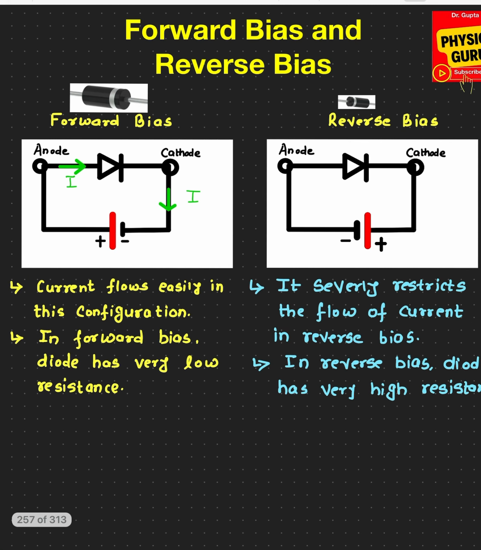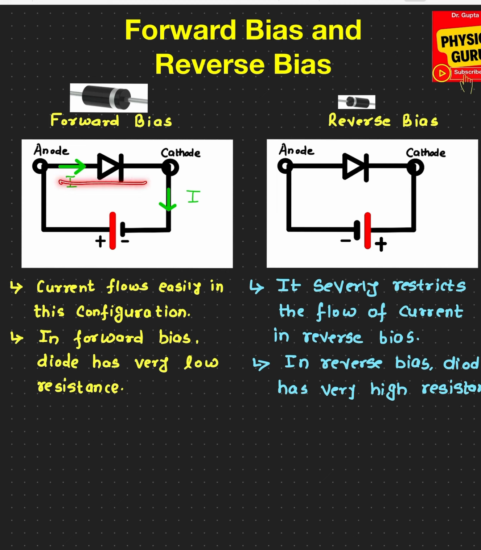Now we'll come back to the forward bias and reverse bias. Let's say we have a junction diode here. When the anode of this diode is connected to the positive terminal, you will see the current in the circuit. And this one we call a forward bias. That means there is a current in the circuit. And when we connect the anode to the negative terminal of the battery, then there will be no current in the circuit, and we call this one a reverse bias. So what does this mean again?